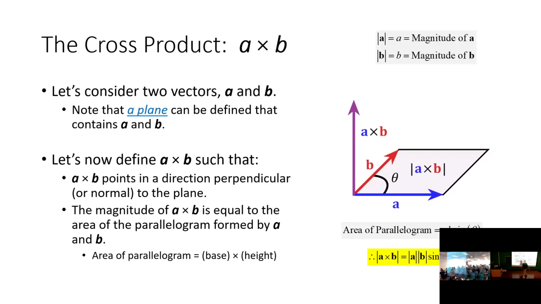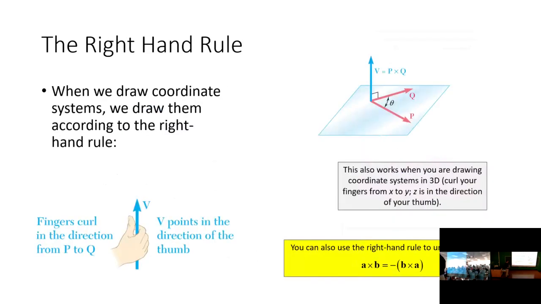That's going to be important because one challenge we might ask is, if we have two random vectors out in space, what's the angle between them? We can use the cross product to do that. We can actually use the dot product as well. I would argue the dot product's maybe a little easier, but we'll get to that later.